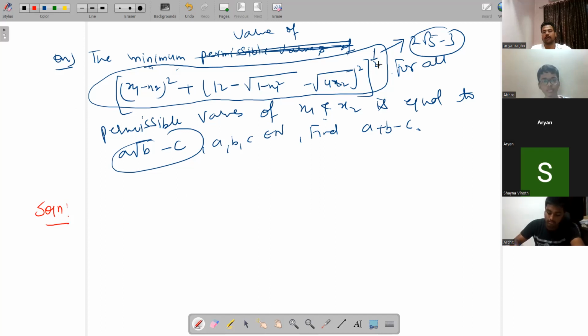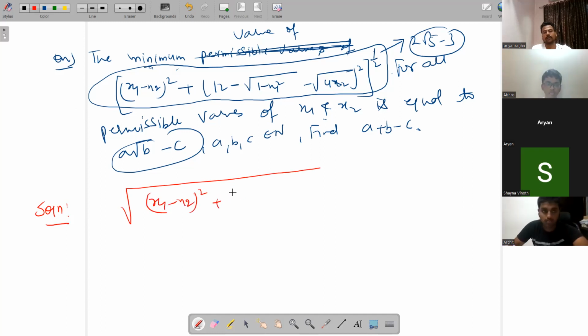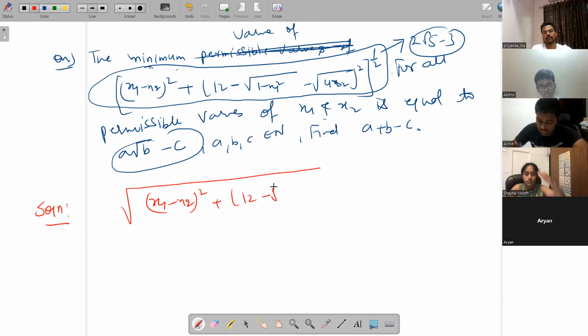I'll make you understand how to read this kind of question. See, this is power half, so a square root. Here, this is x1 minus x2 whole square plus 12 minus under root 1 minus x1 square minus under root 4x2 whole square. Can you see that? So this is like the distance formula.